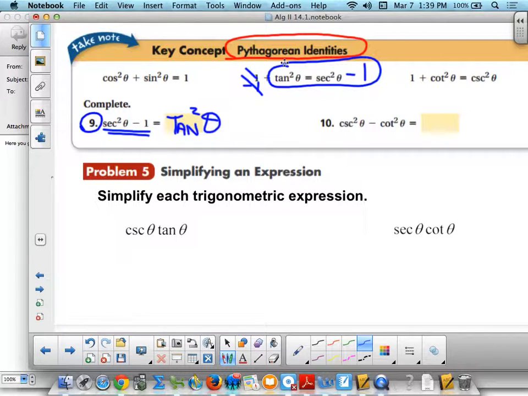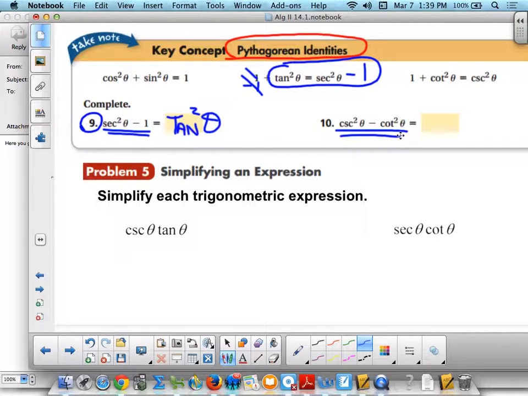Are you with me? Is the answer 0? No, the answer is tangent squared. Okay? Alright. What about this one? What do you think cosecant squared minus cotangent squared is equal to? First of all, which one are you looking at? The third one. Okay, so you want this look, right?